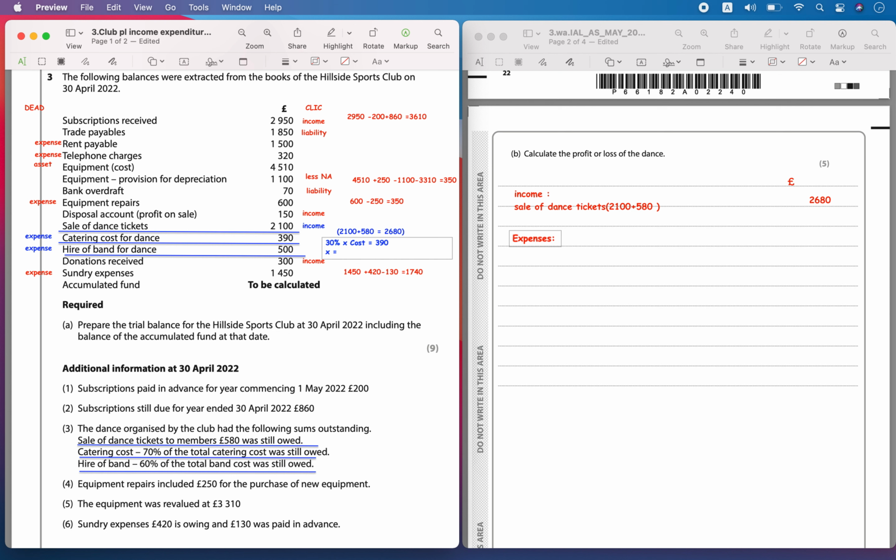That is 390 divided by 30 times 100, so that is 1300. So 1300 is the cost of the catering, which means the still owed amount, 70 percentage of 1300, will be equal to 910.